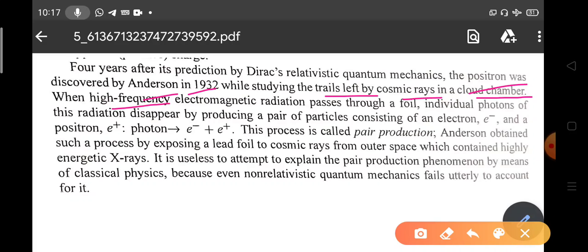So when high frequency electromagnetic radiation passes through a foil, individual photons of this radiation disappear by producing a pair of particles consisting of an electron and a positron. So from a photon he was getting an electron and a positron, and surely this process is the pair production process.